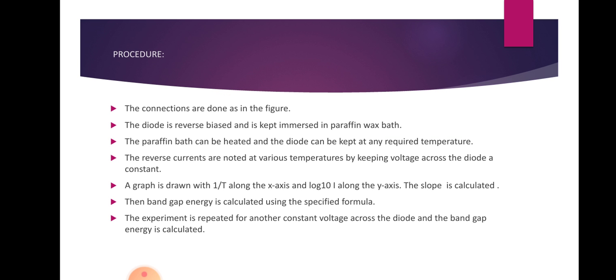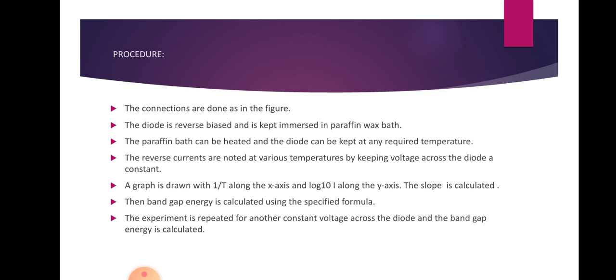Now the procedure for the experiment is, first of all, do the connection as shown in the figure. Then the diode is kept in the reverse bias condition and it is immersed in a paraffin wax bath.